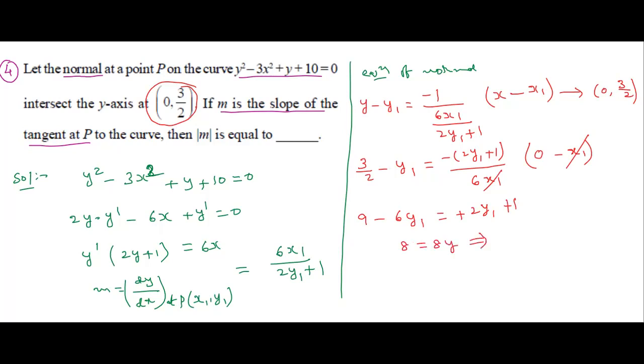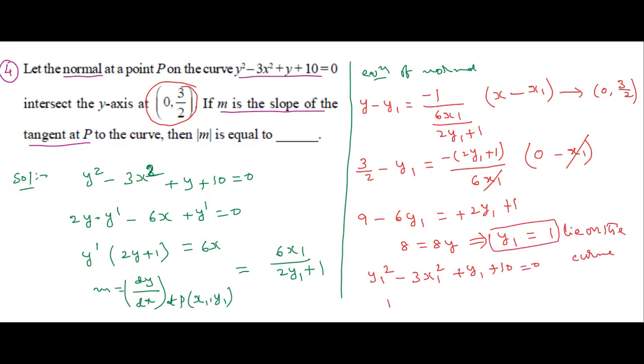In this case, what is the y1 value? 1. y1 is 1. Then what is x1? This point lies on the curve. Yes or no? So y1 square minus 3x1 square plus y1 plus 10 is equal to 0, because the point P (x1, y1) lies on the curve. y1 is equal to 1.